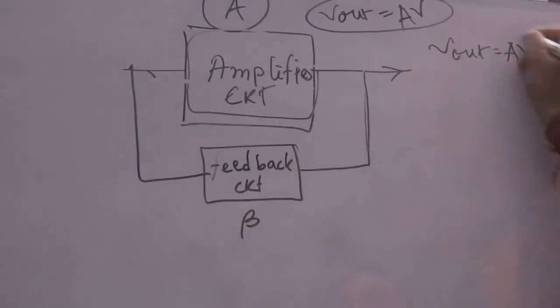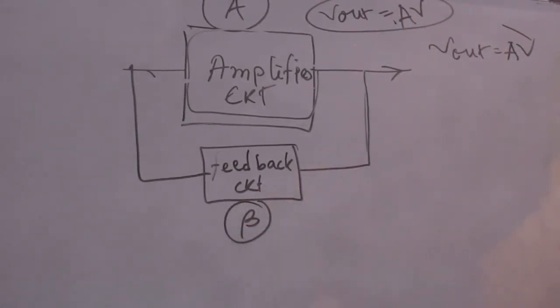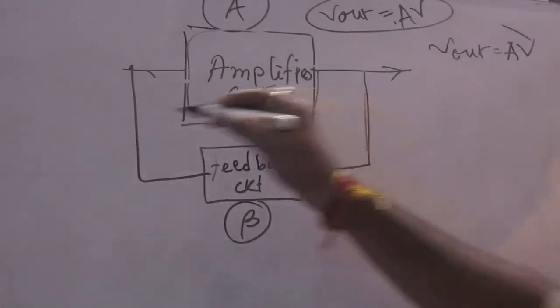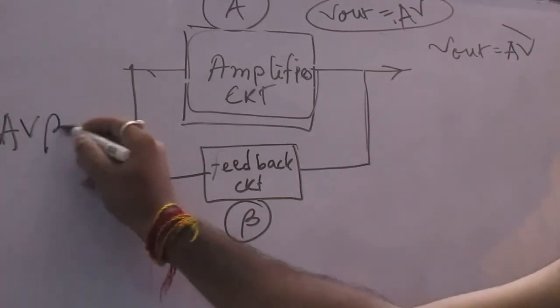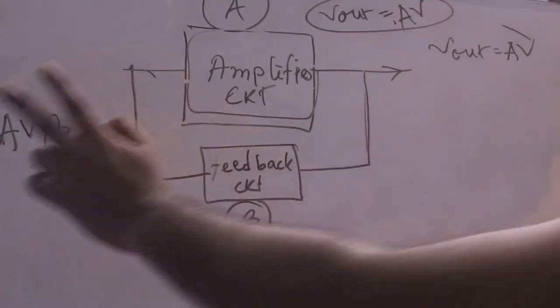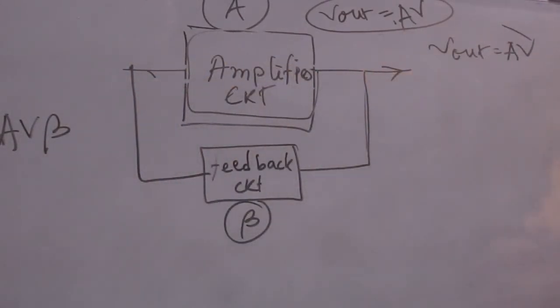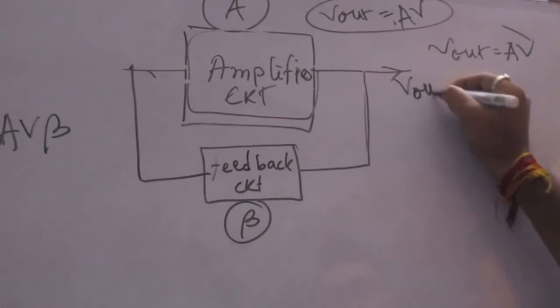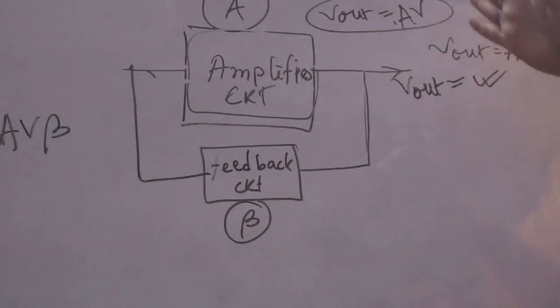Then the V output is AV and the feedback circuit provides a feedback factor beta. Then the input signal now becomes A into V into beta. This will become the input and this will go through the amplifier circuit, and again we will come out with a new V output. The new V output will be obtained by this input and the circuit continues its process.